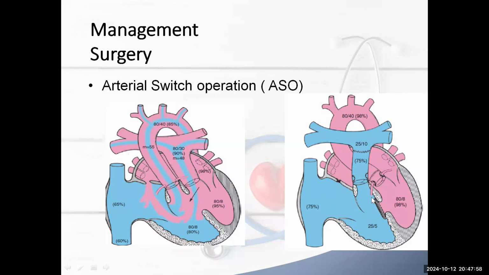Then the aorta will come from the left side as normal, and pulmonary will come from the right side as normal, and blue blood will go from the RV to the pulmonary, and red blood will go from the LV to the aorta.